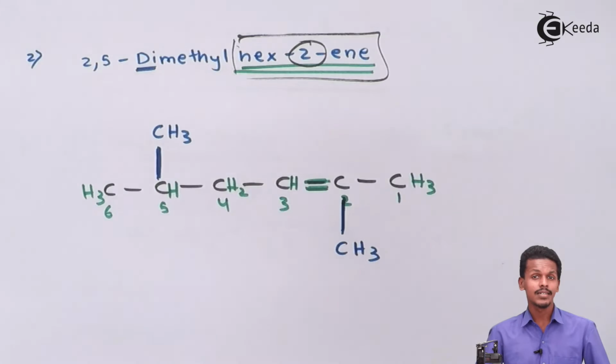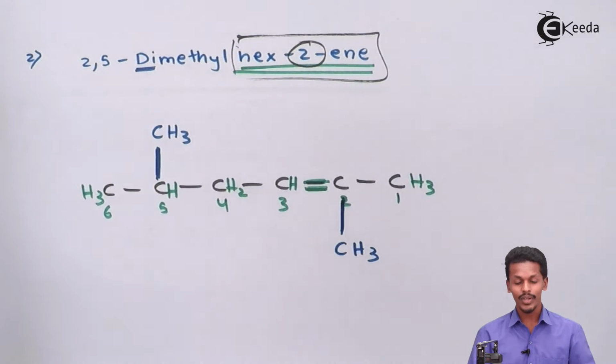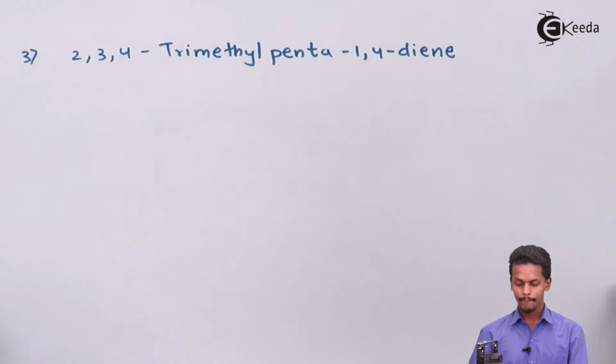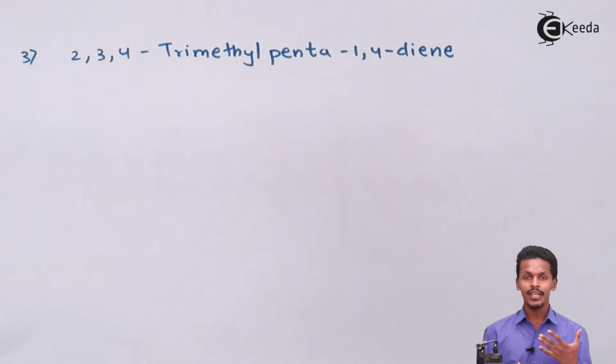So now let us take another example, that is the third example, and let us try out how we can draw this one. This is the example for which we have to draw the structure. Again, the main thing that we always have to look at is the parent name of the IUPAC name that has been provided to us, of an alkene or might be of an alkane.